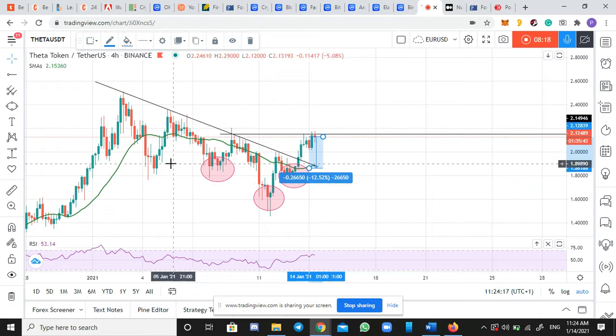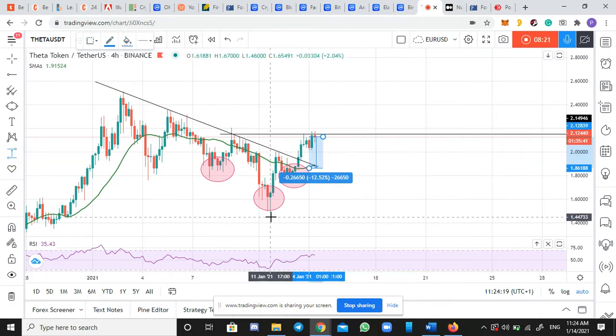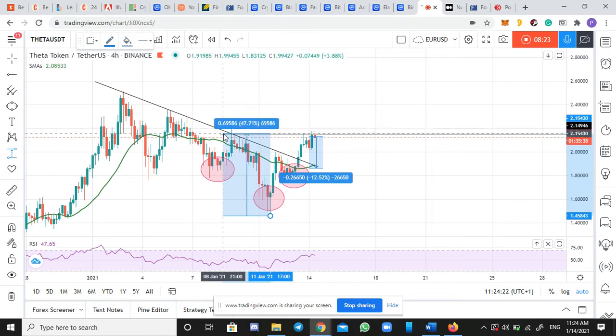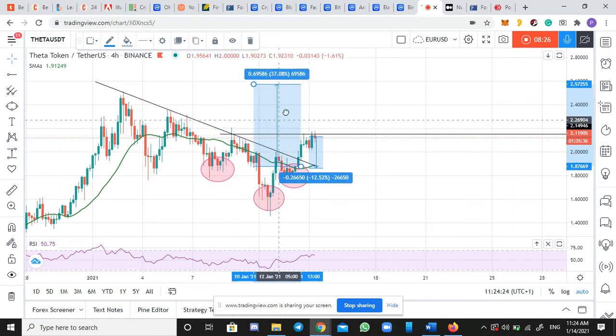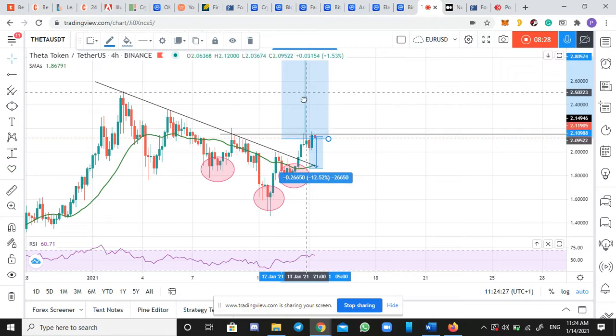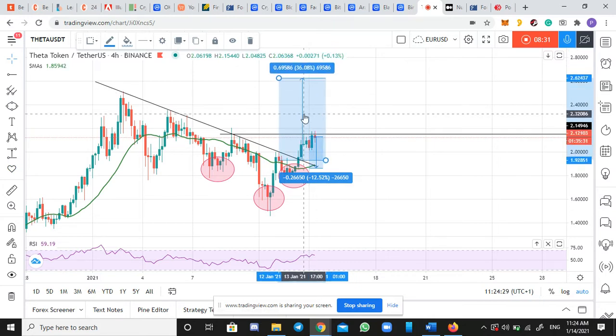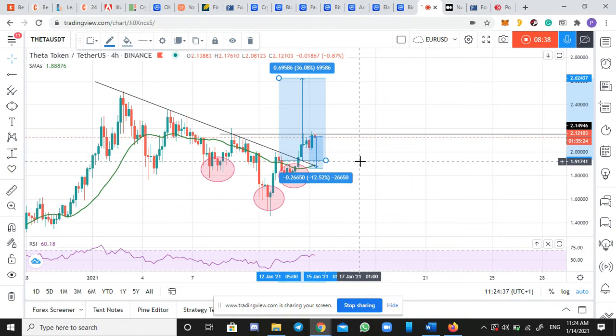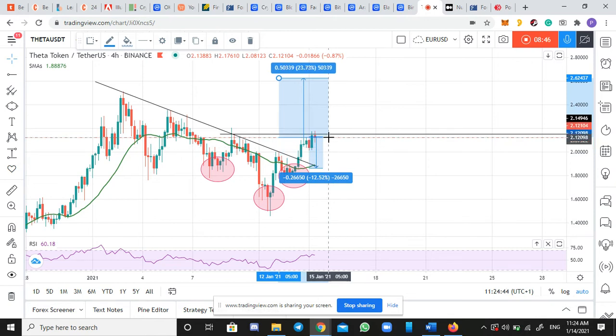My take profit would be, let's see, since this is the first breakout point, around 2.6. This one too is around 2.6, but since our entry is here, that will be giving us about 23.7% against the 12% we are risking.